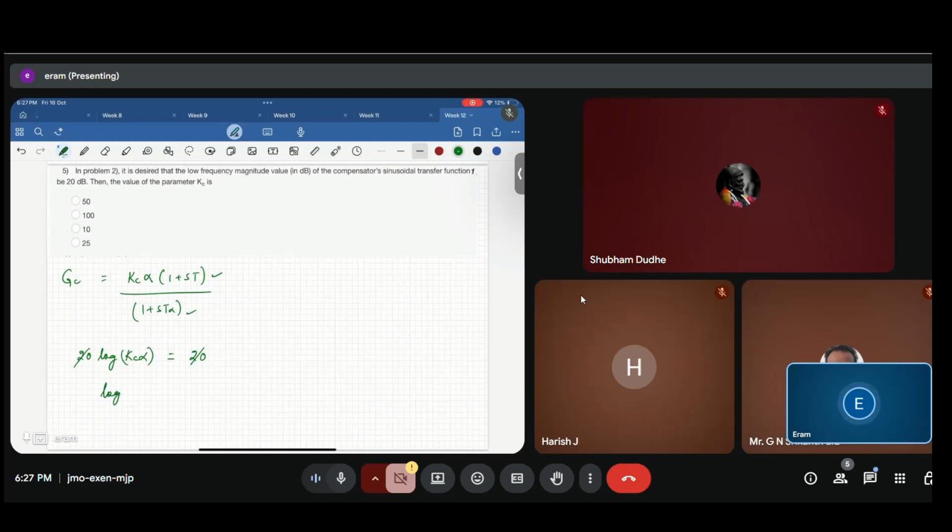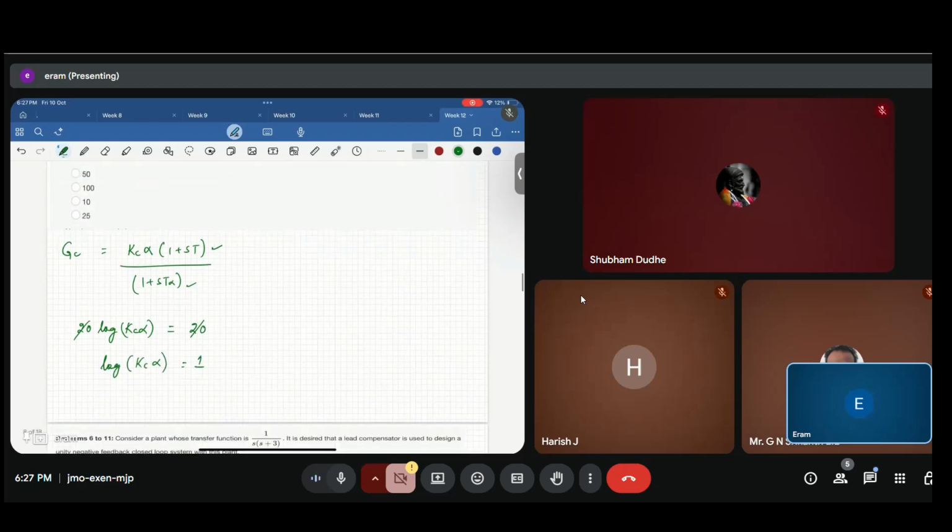So log of Kc alpha should be equal to 1. That means Kc into alpha should be equal to 10.